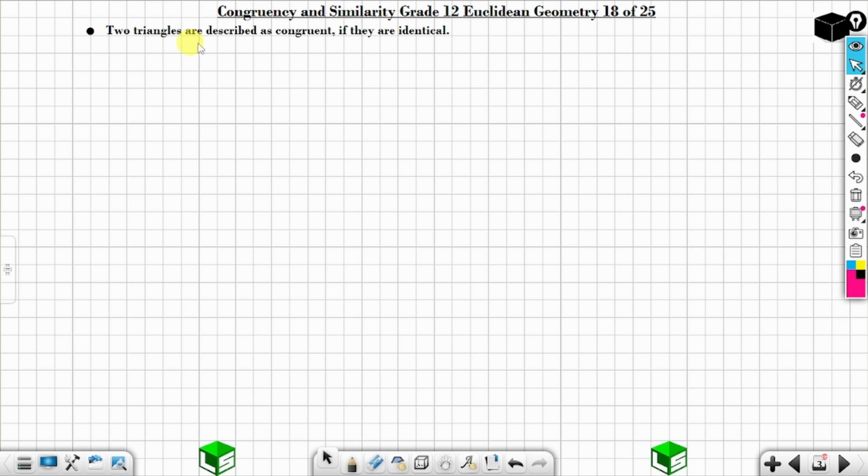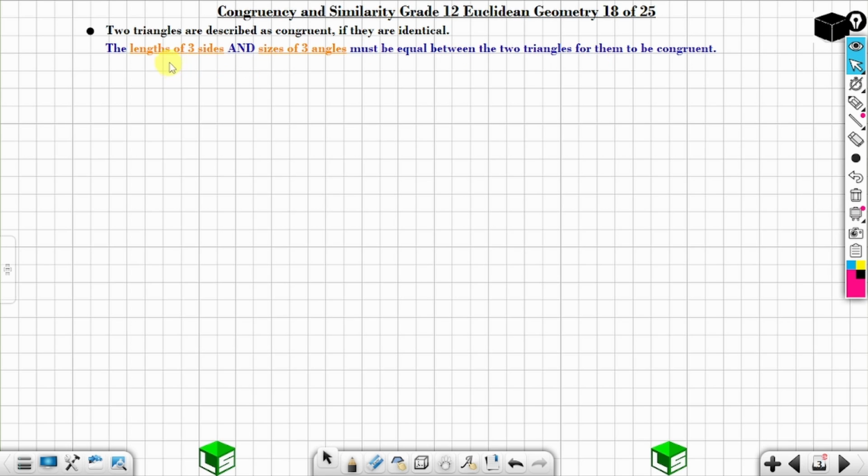two triangles are described as congruent if the two triangles are identical. So the lengths of the three sides and the sizes of the angles must be equal between the two triangles for them to be congruent.